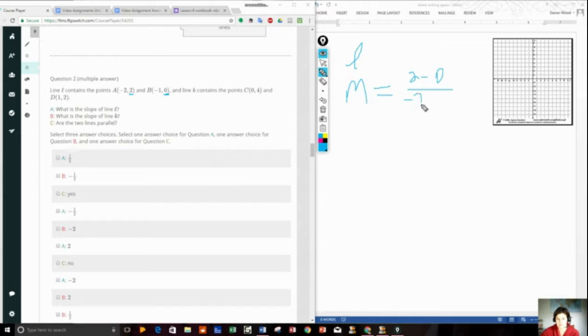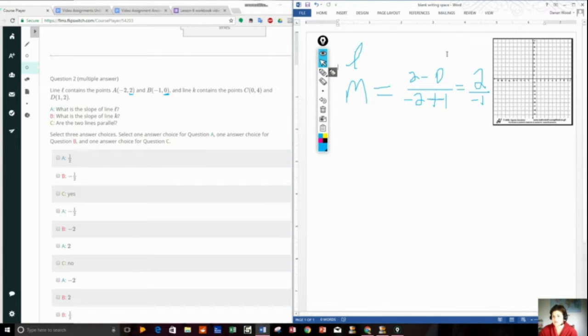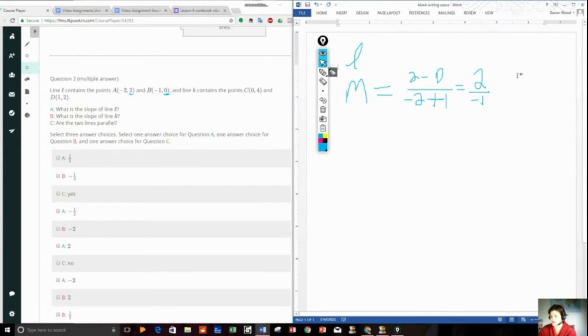So -2 minus -1, and minus a negative turns into addition. 2 minus 0 is 2, and -2 plus 1 is -1. So 2 divided by -1 is equal to -2.